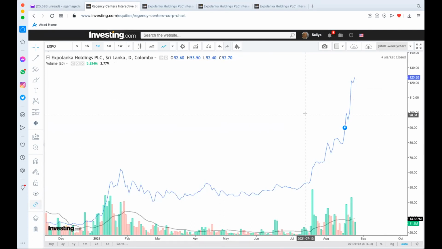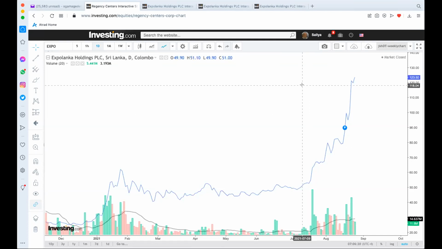Now, the double top is when you have two higher points, and in between there is a valley, or a reversal low. In between the two tops, you have a low.